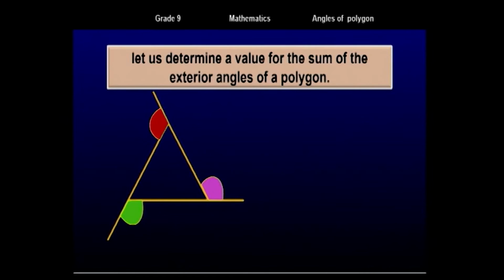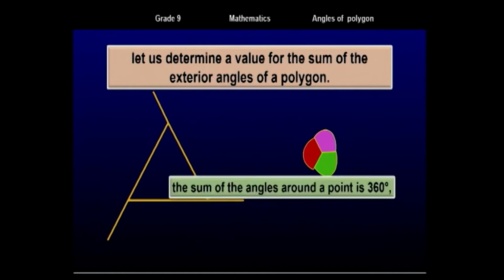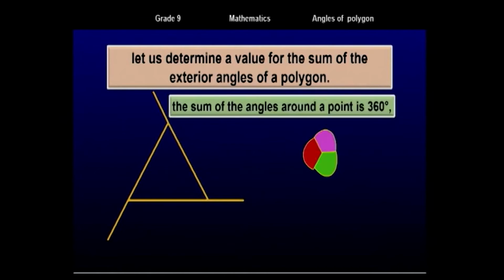Then cut these angles and mark a point on your piece of paper and paste them like this. What happened to it? The sum of the angles around a point is 360 degrees.